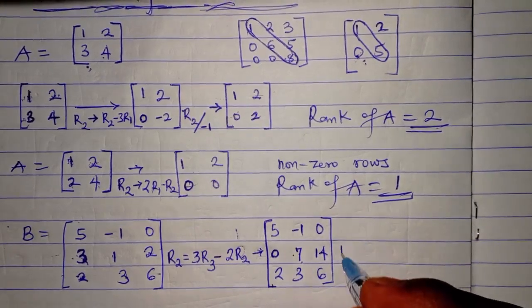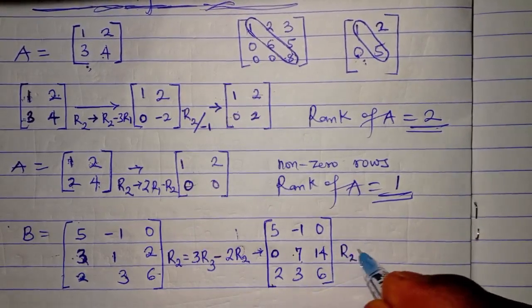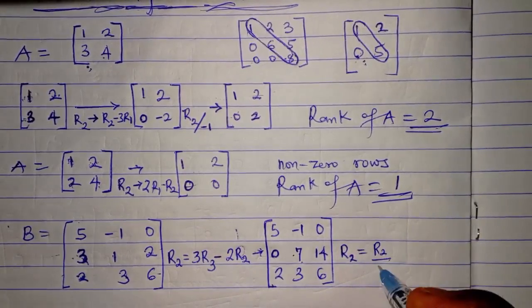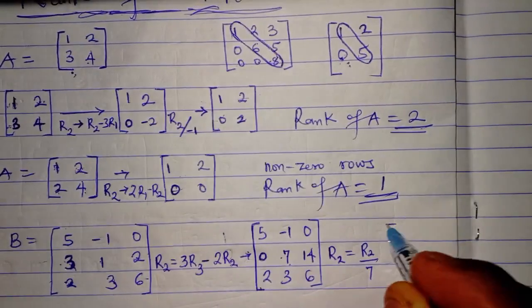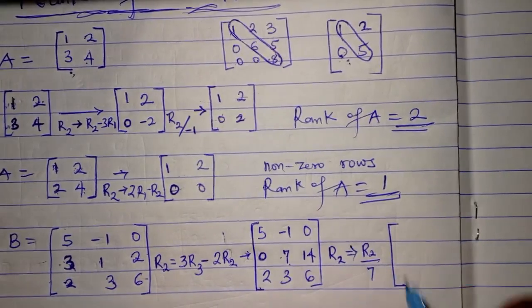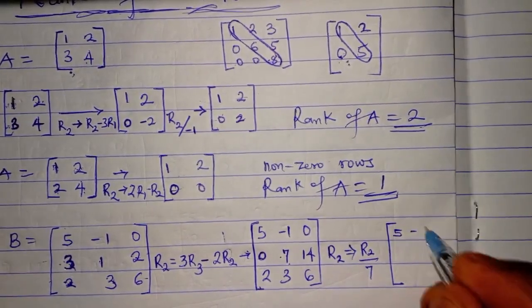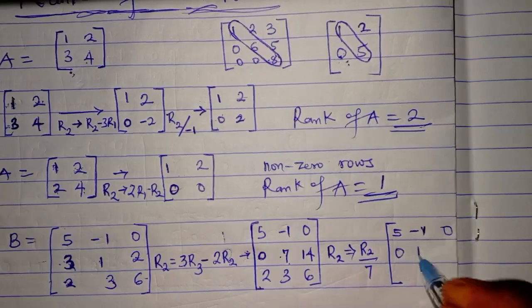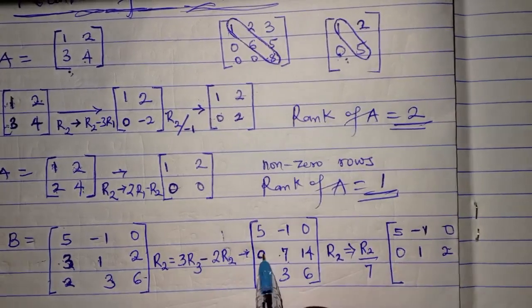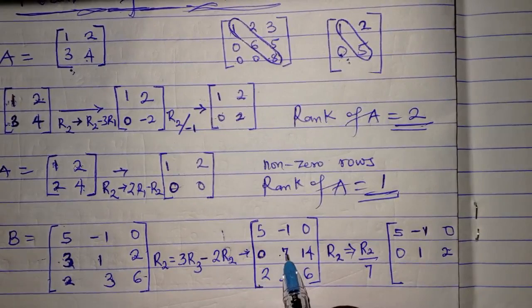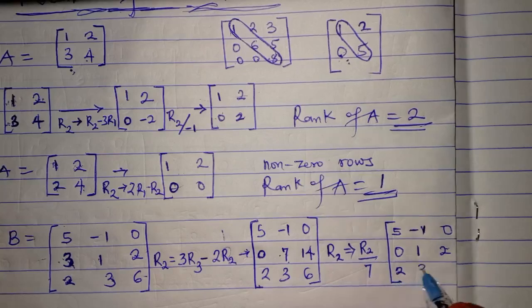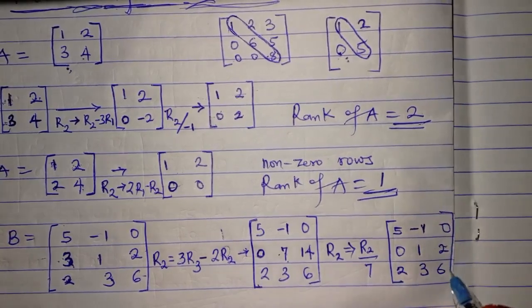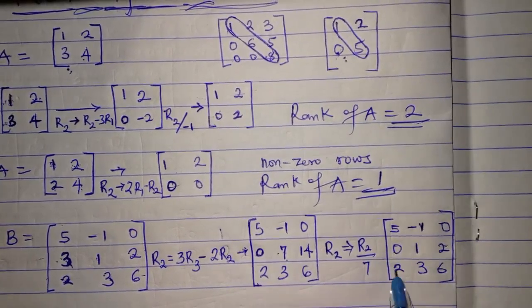So if I divide, I will get this matrix: 5, minus 1, 0, 0, 1, 2, because 0 divided by 7 is 0, 7 divided by 7 is 1, 14 divided by 7 is 2, and 2, 3, 6. You get the point now? So I've made this one to be 0.